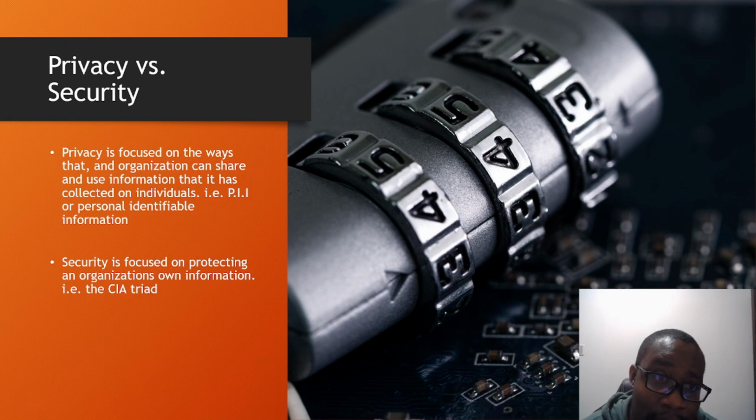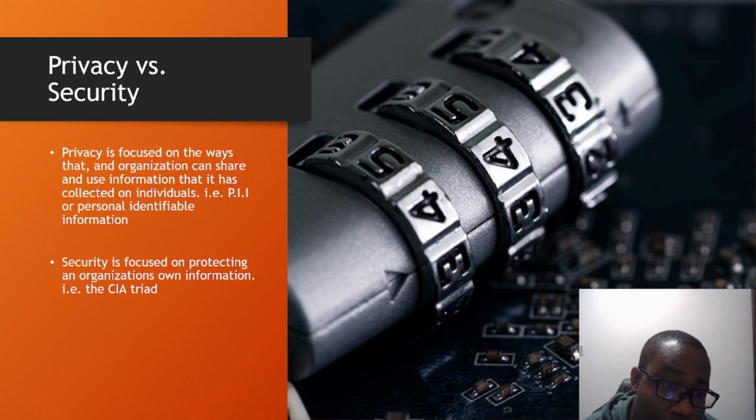Next up, we're going to go into privacy versus security. Privacy is focused on ways that an organization can share and use information that it has collected on individuals, i.e., PII or personally identifiable information.